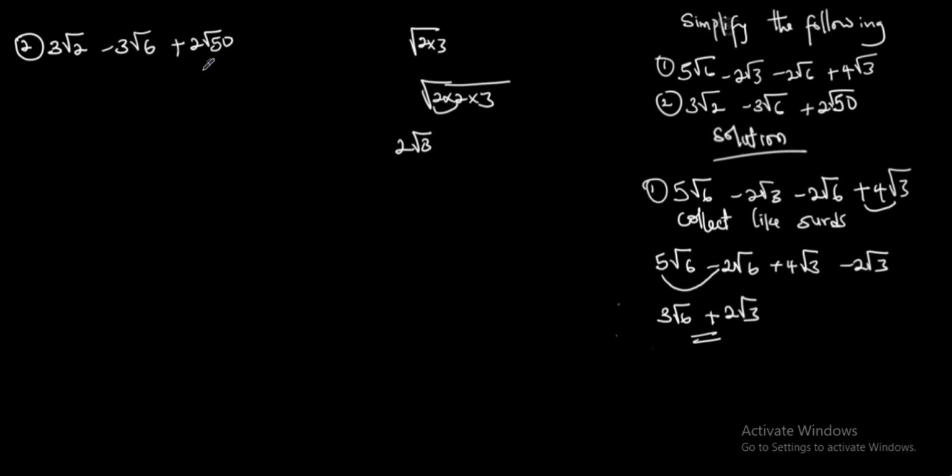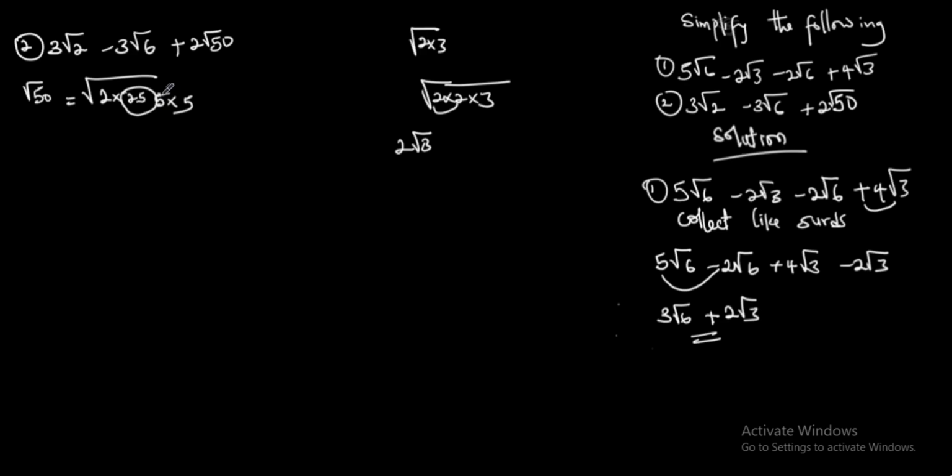Now, back to this. 50 can be simplified. That's because root 50 is the same thing as the square root of 2 times 25. You can still simplify 25. 25 is the same thing as 5 times 5.